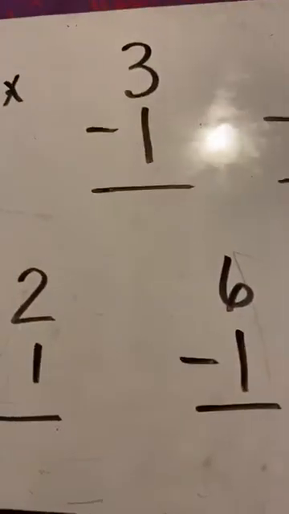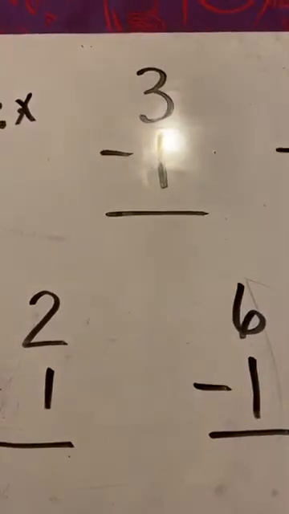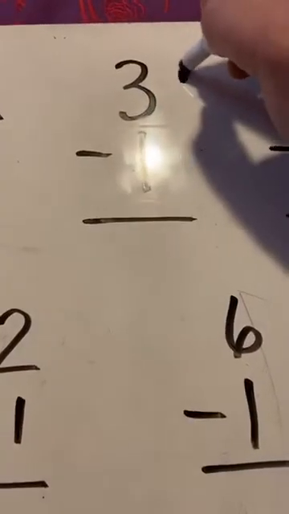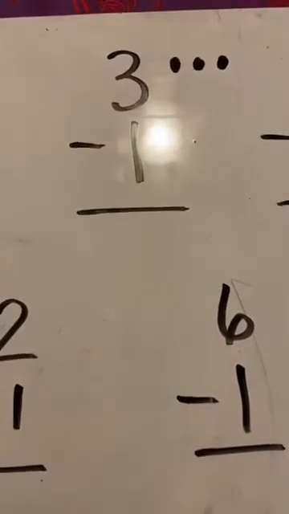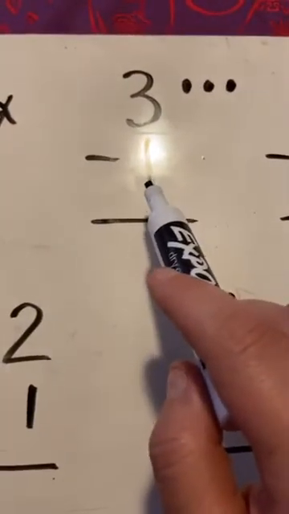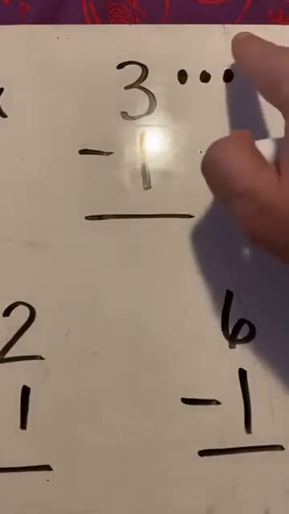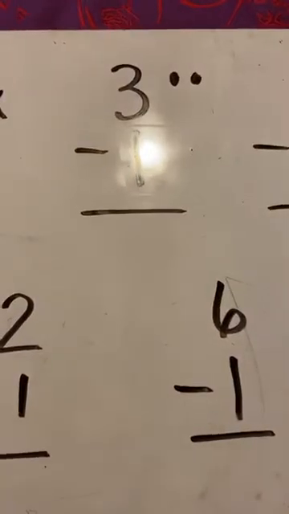Let's try the taking away this time now. Are we ready? How many dots do I need to draw? You're right. 3. I'm going to draw my 3 dots. 1, 2, 3. And how many do I need to subtract? 1, or take away. So this time I'm going to erase it. I have 3 and I'm going to take away 1.